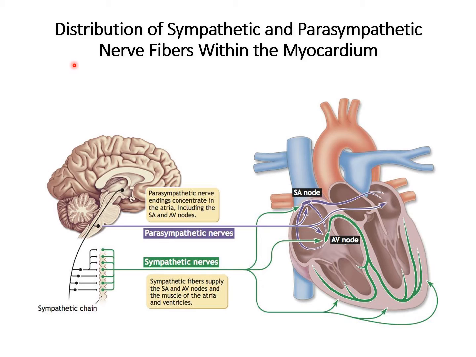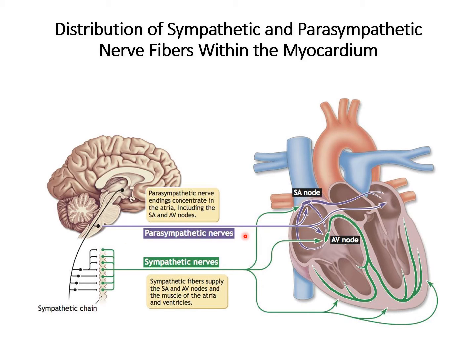Okay, so here we have the distribution of sympathetic and parasympathetic nerve fibers within the myocardium. So as you guys know, parasympathetic is rest and digest, and sympathetic is fight or flight. So generally the parasympathetic nerve fibers originate in the higher centers of the brainstem and the brain.